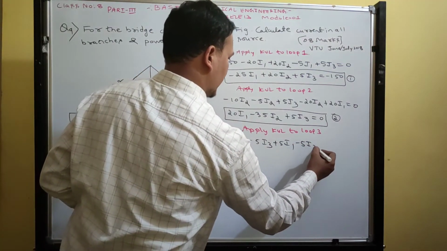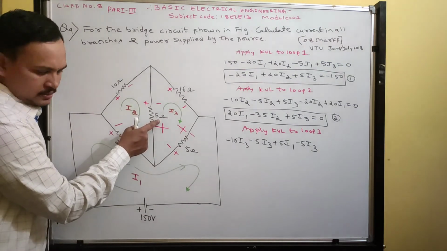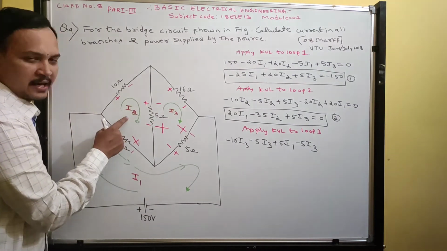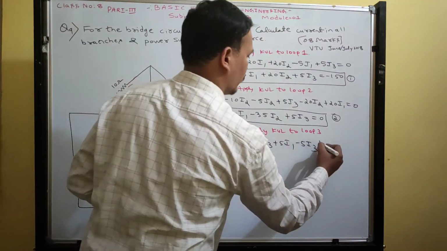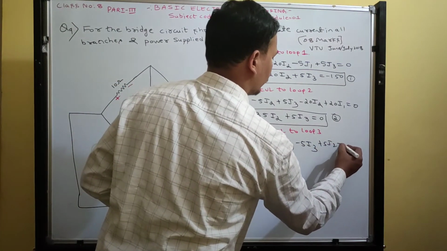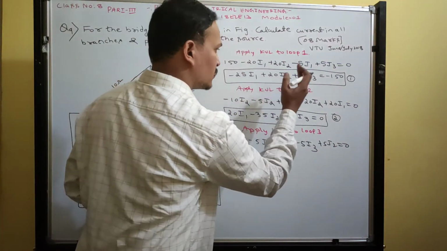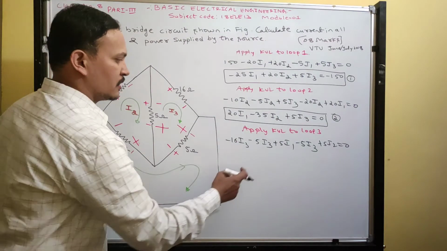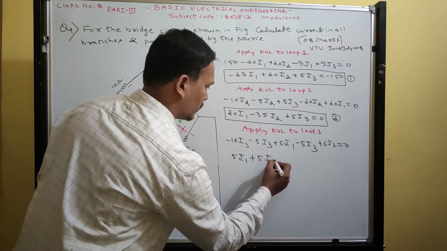Then I3, plus 2 minus drop. Minus 5 I3. Now I2 current also flows in this. See this polarity and this direction, it's coming like this. Minus to plus, rise. Plus 5 I2 equals 0. Group in the same order: I1, I2, I3, constant. Plus 5 I1 plus 5 I2.